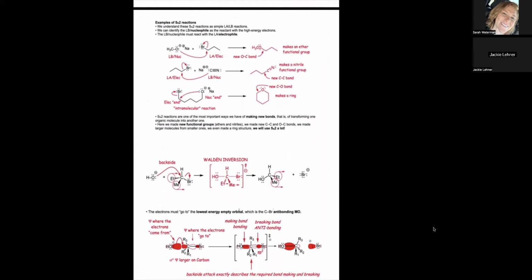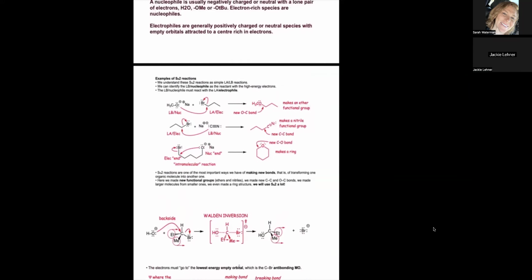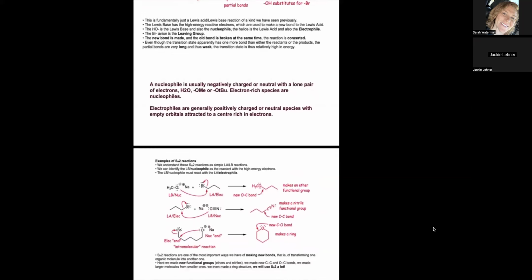It says a stronger base is converted into a weaker base, and overall higher energy electrons are converted into lower energy. How do you know that the OH, the alcohol part, is a stronger base than the bromine?